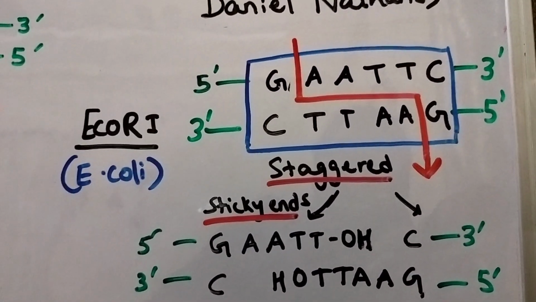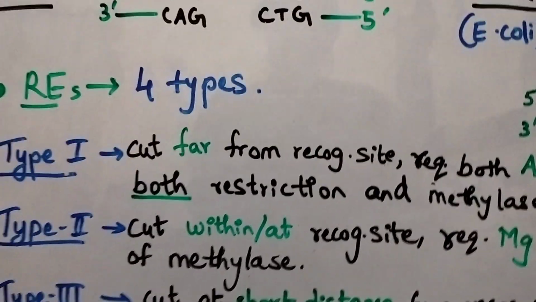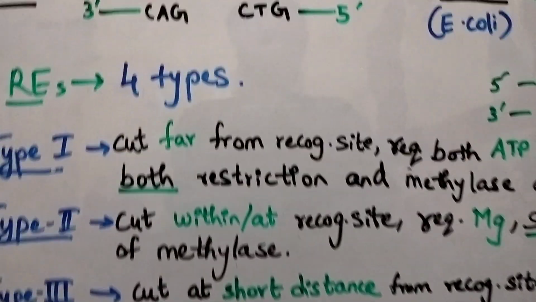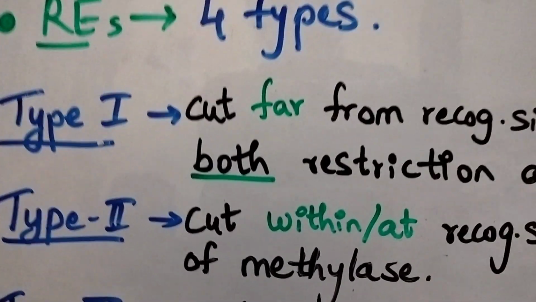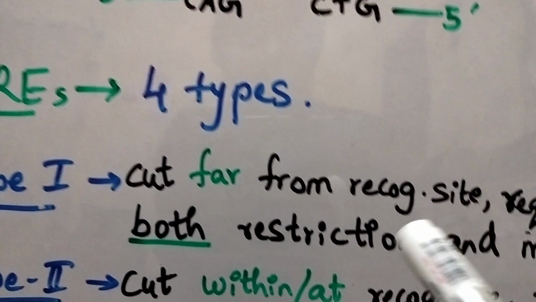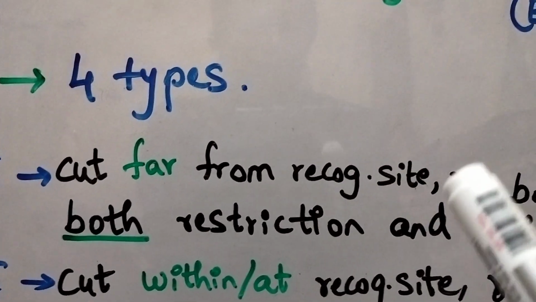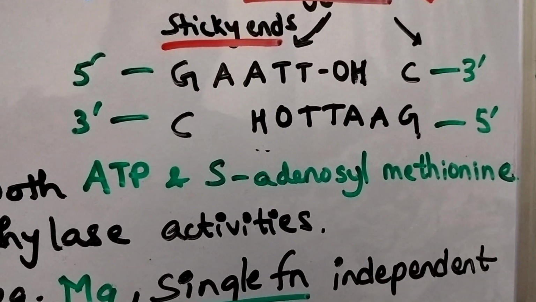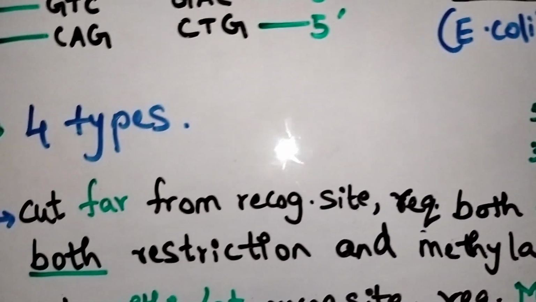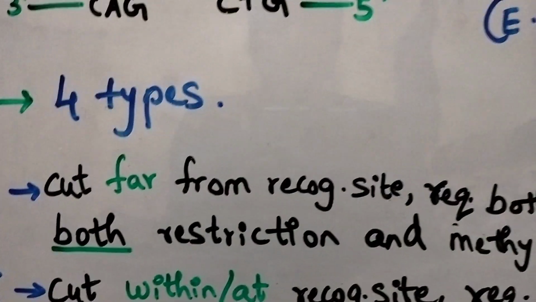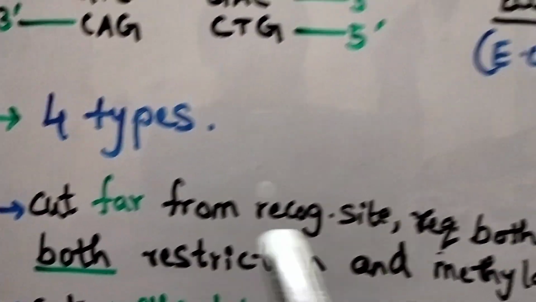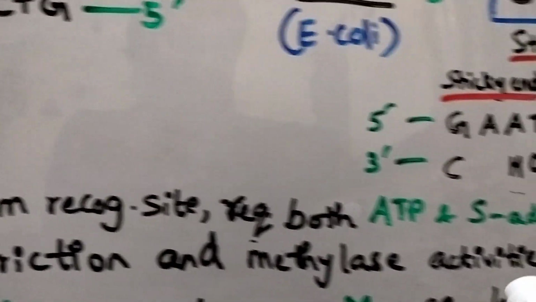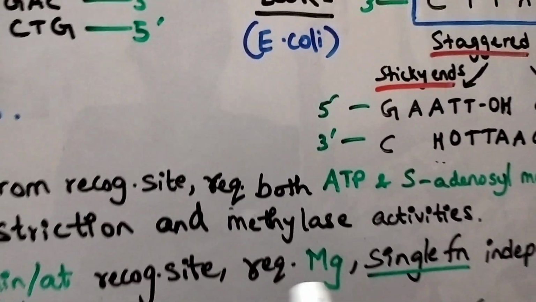Coming to the types of restriction enzymes. There are four types of restriction enzymes. The first one, type 1, cuts far from the recognition site. They require both ATP and S-adenosyl methionine, and they have both restriction and methylase activities.